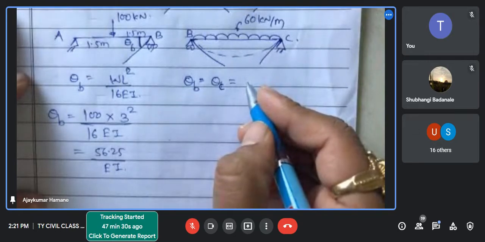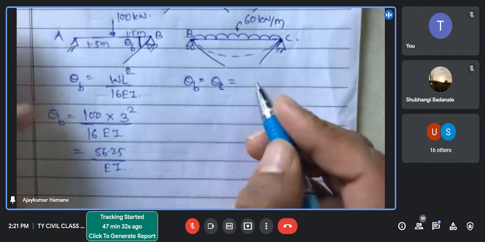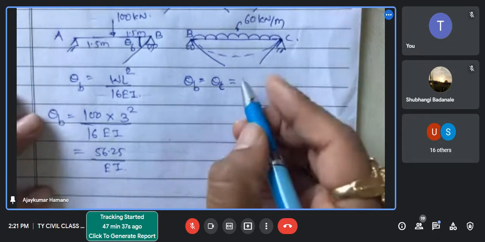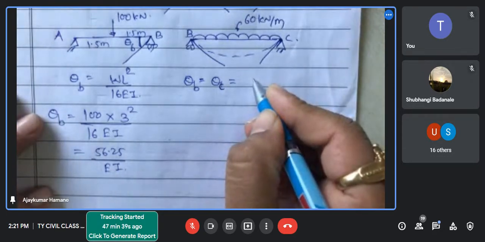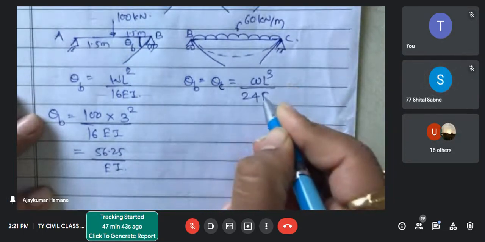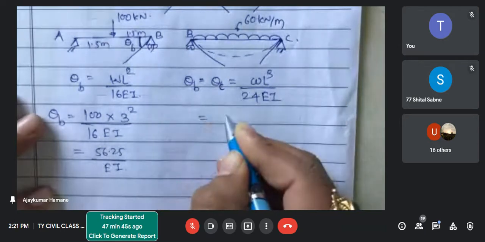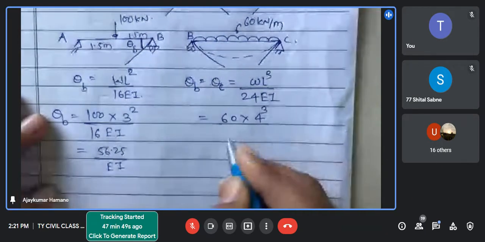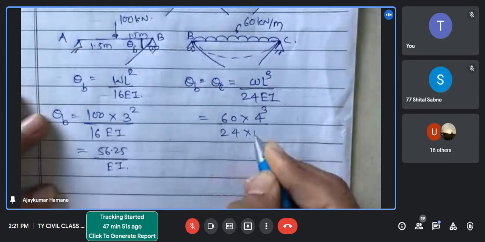The slope equation, just now I have given. WL cube by 24EI. 60 into 4 cube divided by 24 into EI.